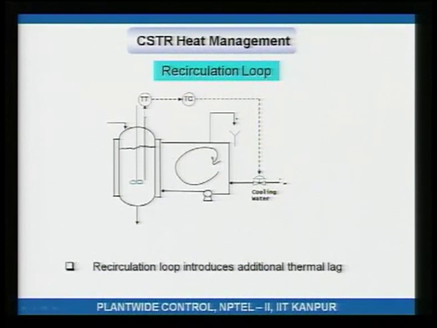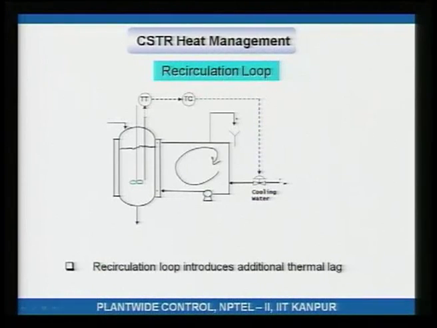Since the circulation rate is high, temperature rise from here to here will be very small or negligible. So, as far as the reactor is concerned, it is seeing a jacket which is at constant temperature, all right. So, as far as the reactor is concerned, T coolant is equal to constant, and this is a consequence of the high recirculation rate.